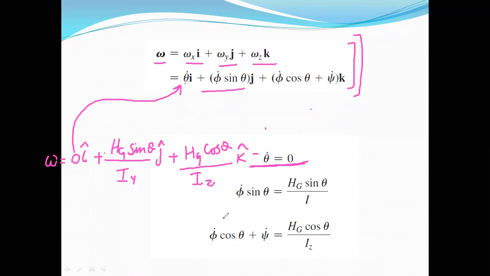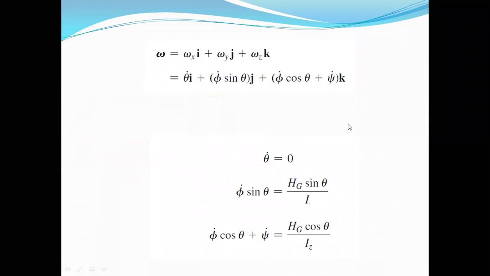And the third and the last component is phi dot cos theta plus psi dot, which will be equal to the z component, that is hg cos theta by Iz. So we now have the equations in terms of phi dot, psi dot, and theta dot.